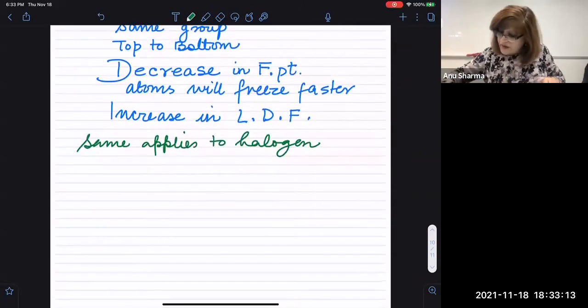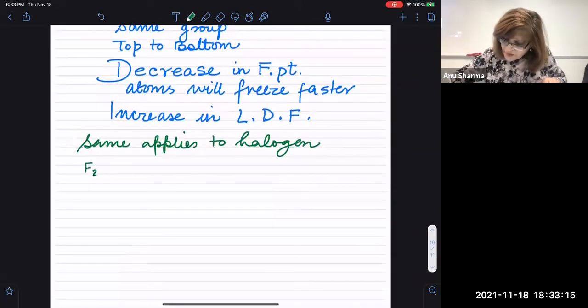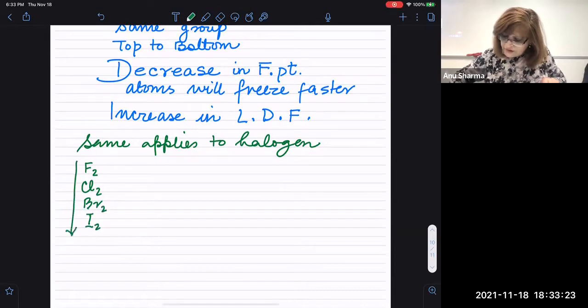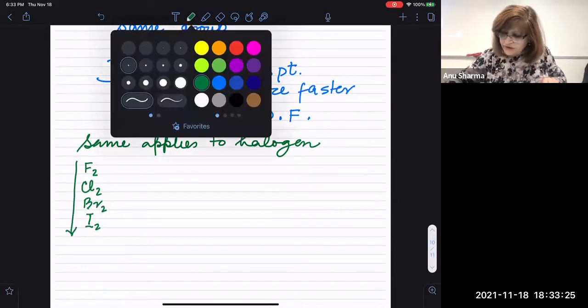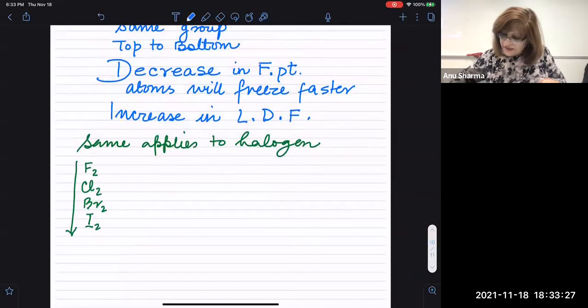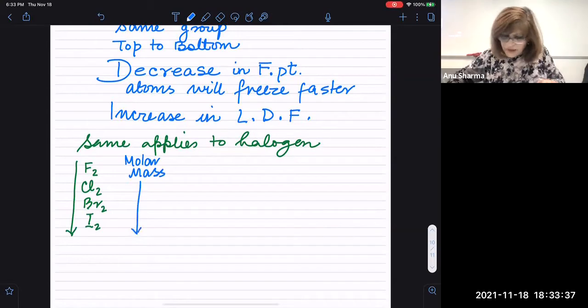Your book is covering the halogens. So you have fluorine, chlorine, bromine, and iodine. As you move from top down in the same group, the molar mass increases.